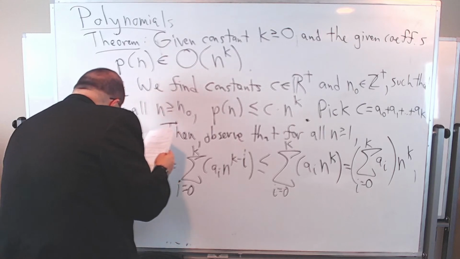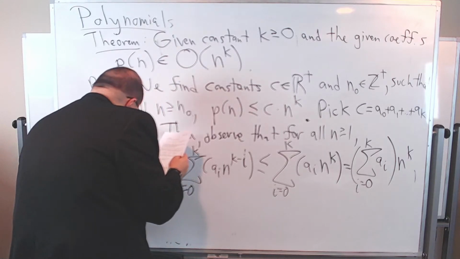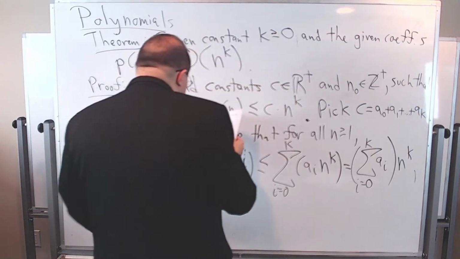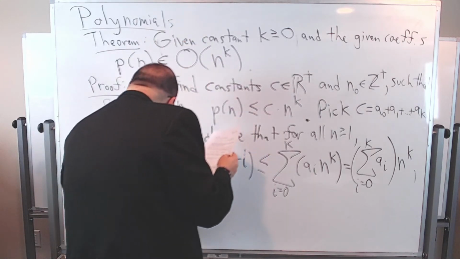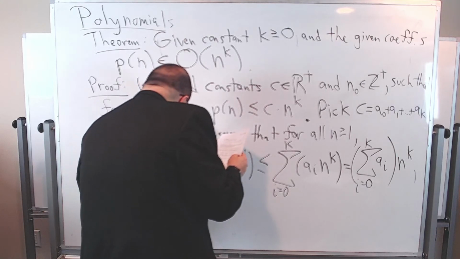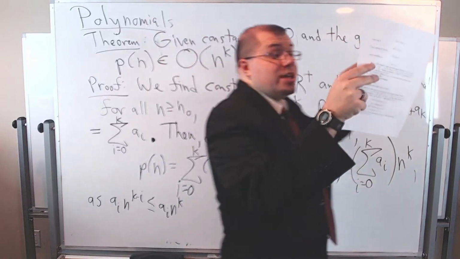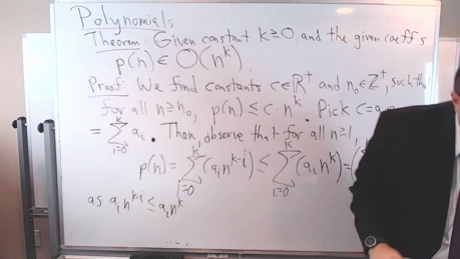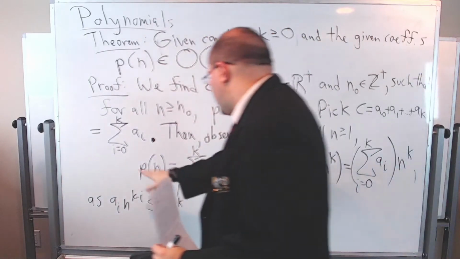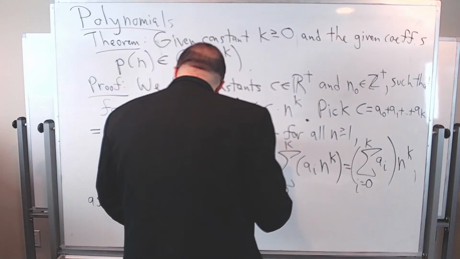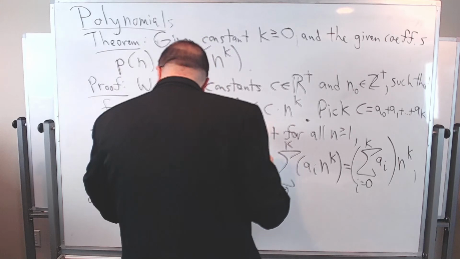So I'm going to justify this step right here as a_i times n to the k minus i is less than or equal to a_i n to the k. We're going to use the same strategy I used before. I divide both sides of this inequality by the smaller power, which would be k minus i.